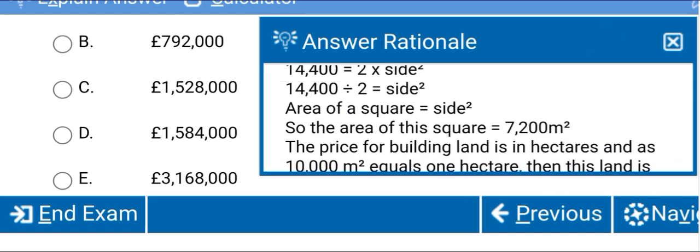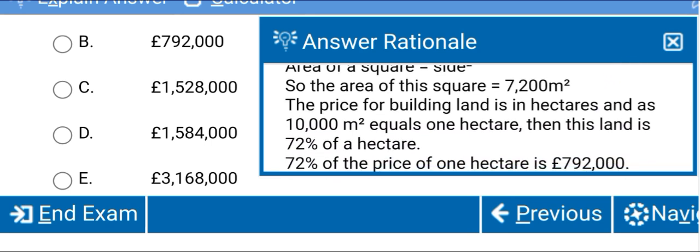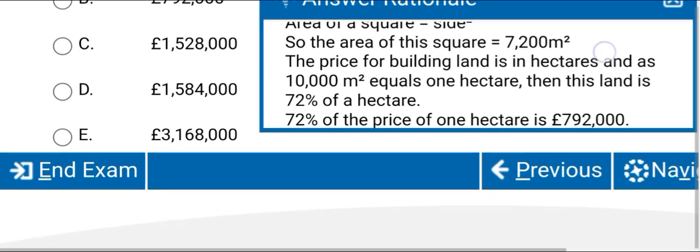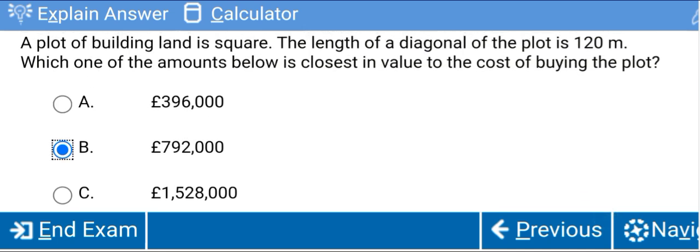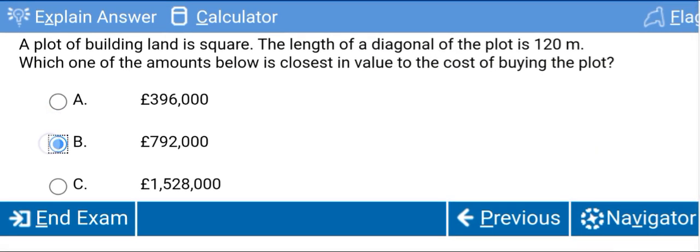So area of a square equals side square. So the area of the square equals 7,200 meter squares. The price for building land in hectares, as 10,000 meters square equals 1 hectare, is 792,000 pounds. That's how we have a correct response is option B. This is the amount that is closest in value to the cost of buying the plot.